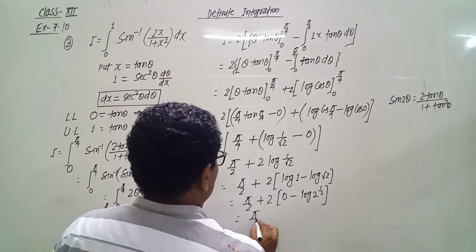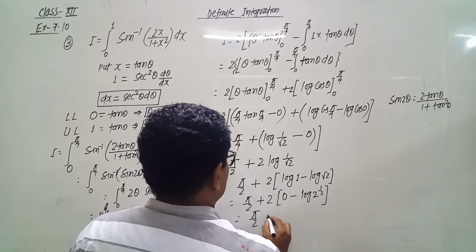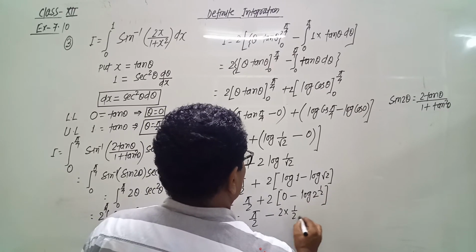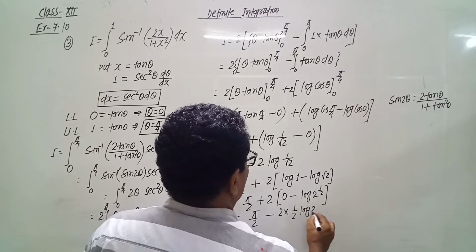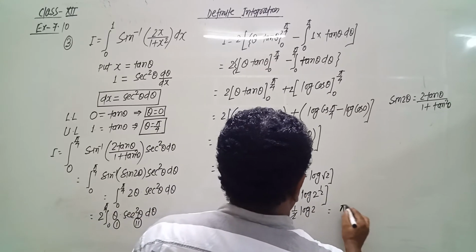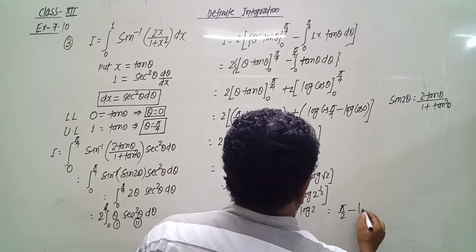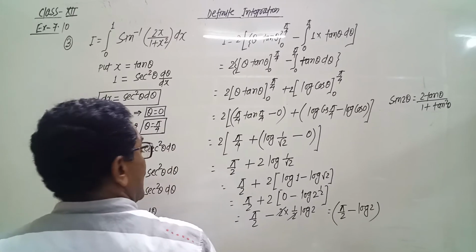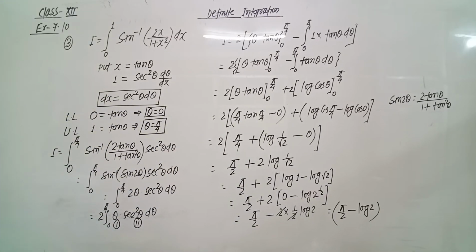So pi by 2, and minus minus, 2 into this can be written as 1 by 2 log 2, the power comes in the beginning. 2 and 2 cancel. And we get the result pi by 2 minus log 2. Pi by 2 minus log 2 is the final result.